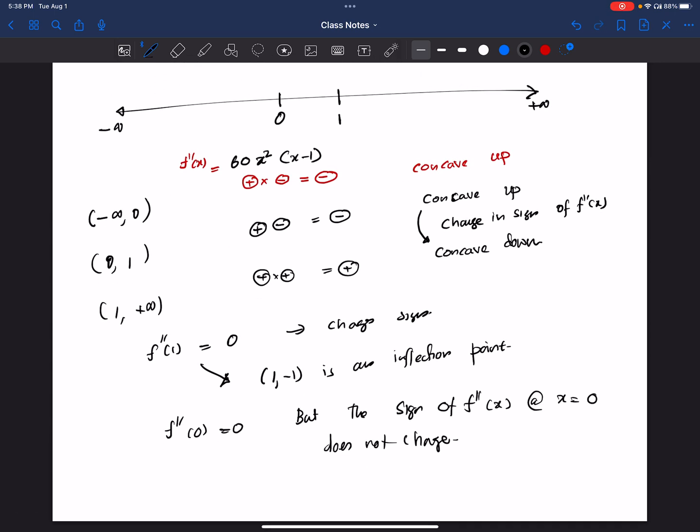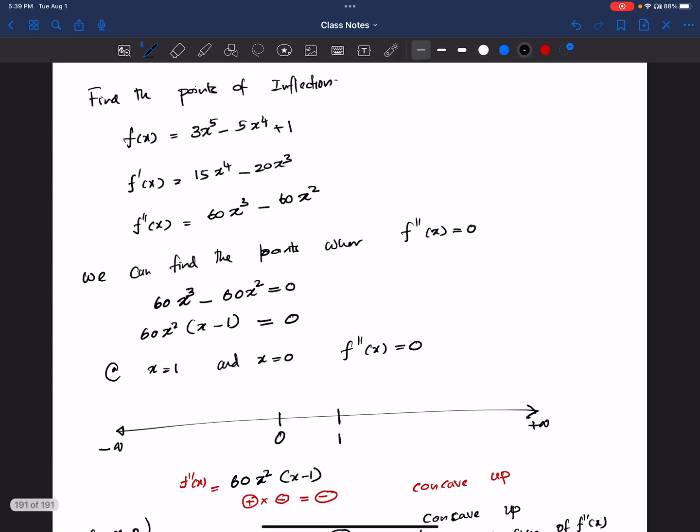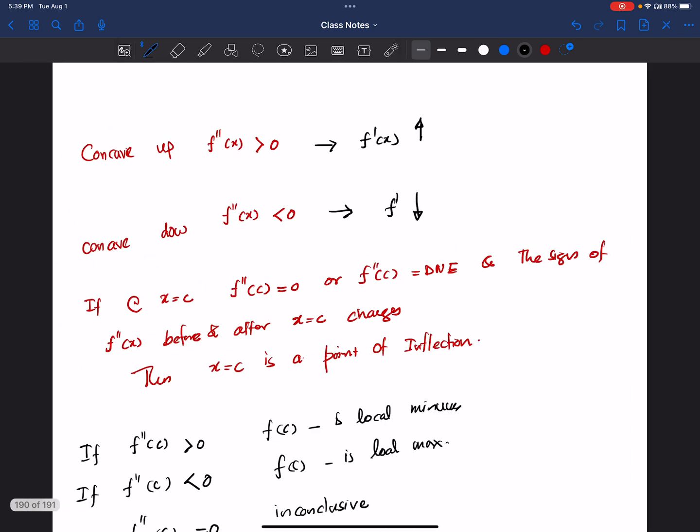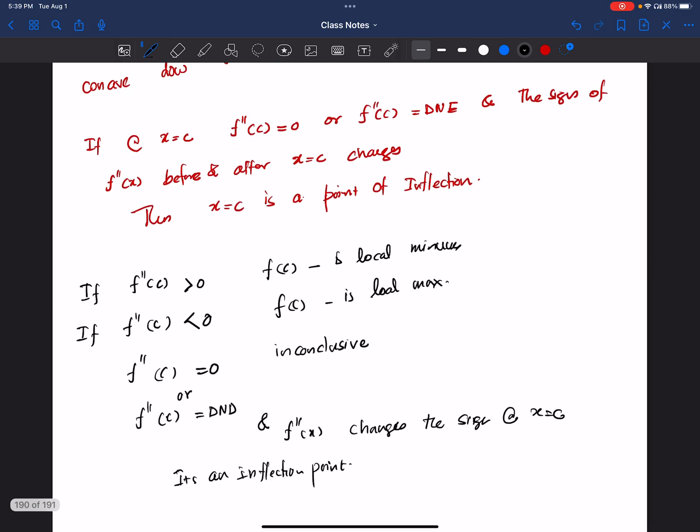And sometimes, as I explained earlier, there could be instances where the second derivative does not exist. But even in that case, if you find the changing sign of f double prime of x, then that point would become an inflection point. And also we figured that for critical points, f double prime of x tells you whether it is a local minimum or local maximum.